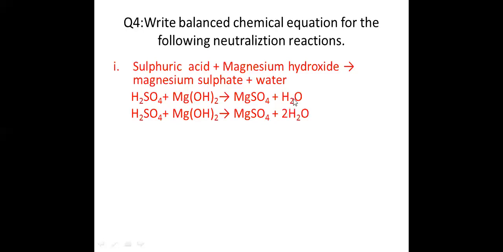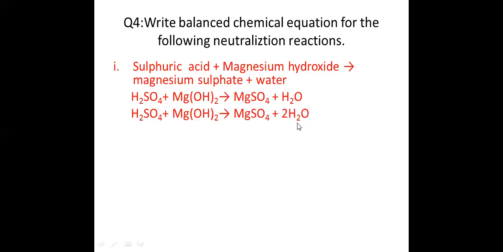So in order to balance the water, let us see the hydrogen atoms, two hydrogen atoms and two hydrogen atoms within the hydroxyl groups. So 2 plus 2, 4 hydrogen atoms are there. So if we write 2 here, then 2 2s are 4, 4 hydrogen atoms are there. So hydrogen atoms are balanced.